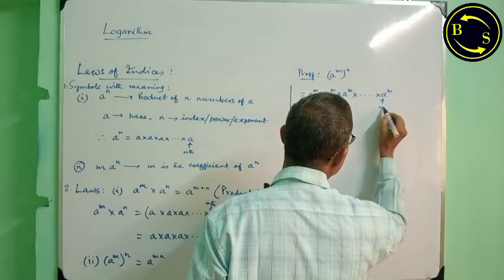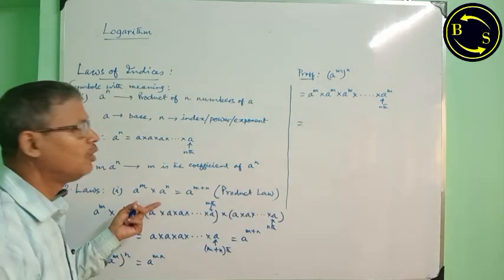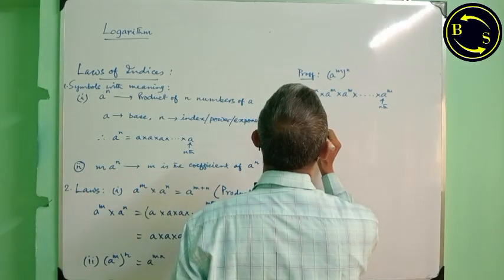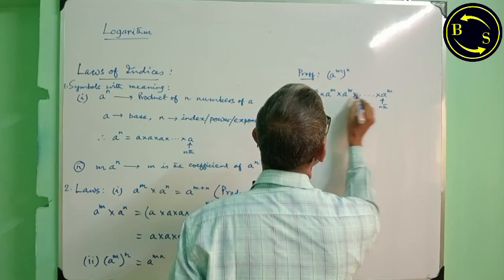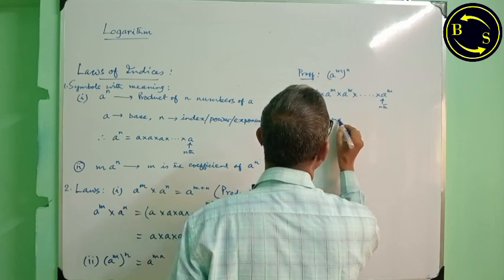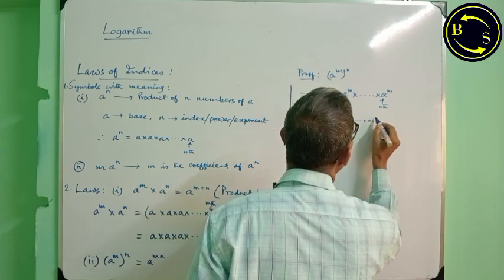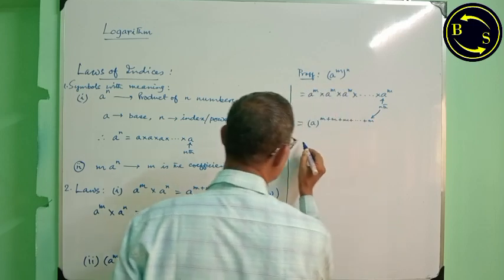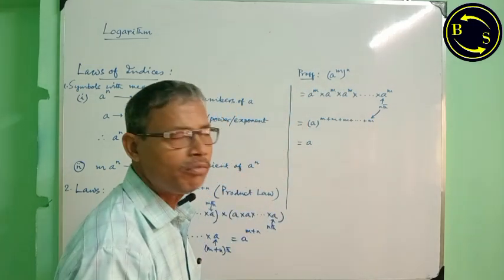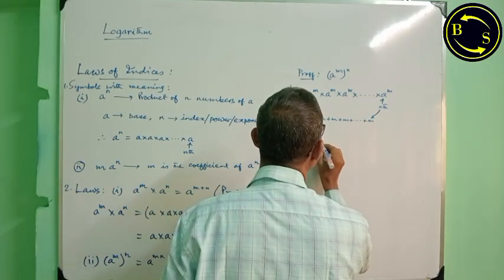This is nth. Now, as per this product law, the powers will be added. m plus m plus m, this is also nth m, and that is equal to a to the power, there are n number of m, therefore sum will be a to the power mn or nm.